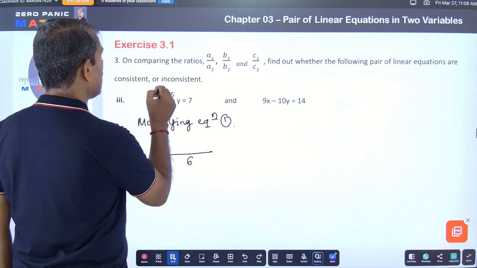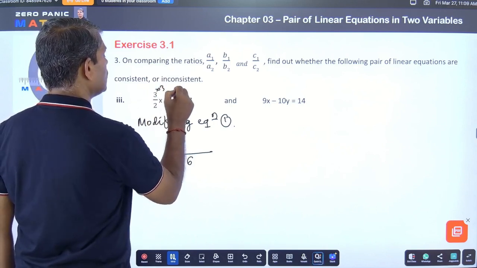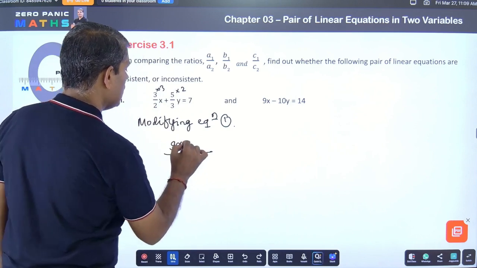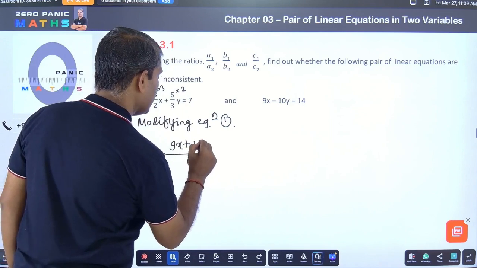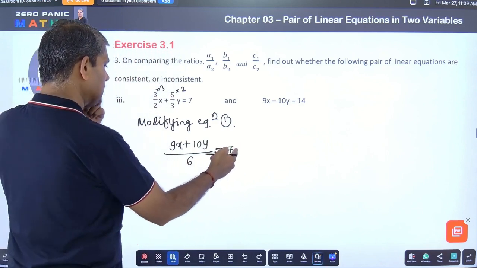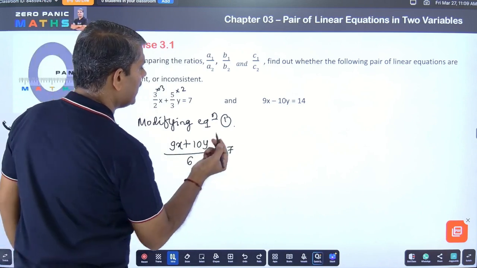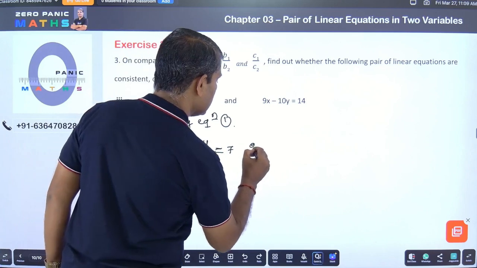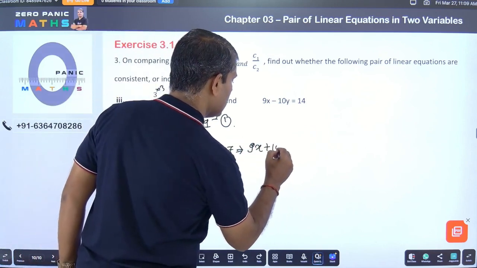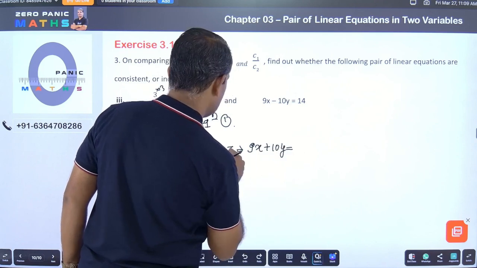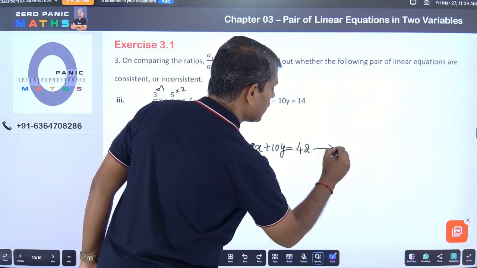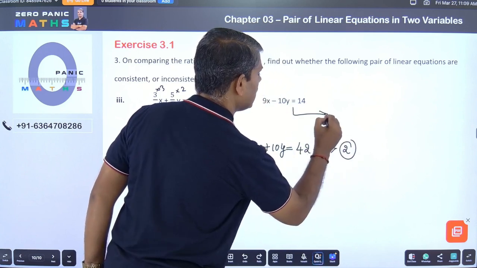So 3 3s are 9x, plus 5 2s are 10y, is equal to 7, which I'm keeping as it is. If you take 6 to the right side, it will be multiplied to 7, and the equation I'm going to get is 9x plus 10y is equal to 7 into 6, which is 42. This is equation 2, and this is equation 1 for me.